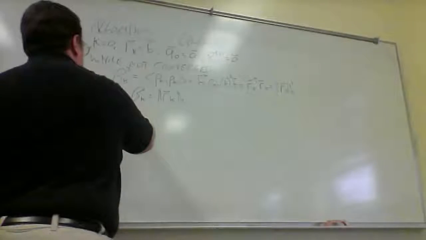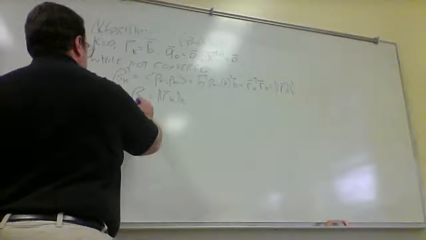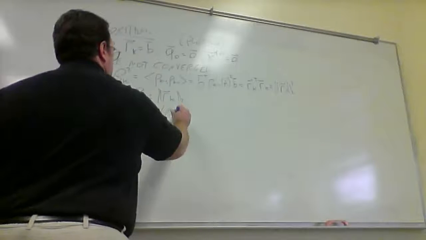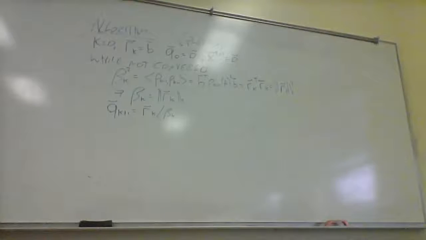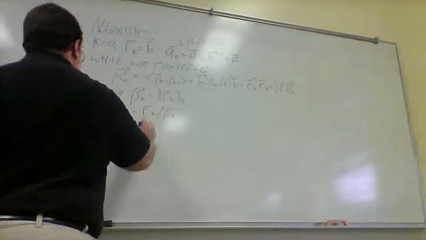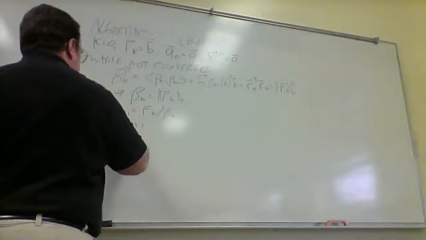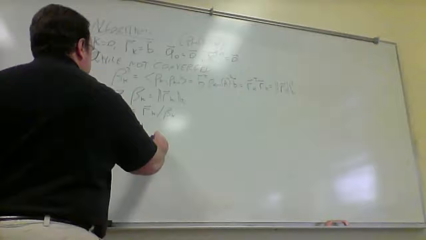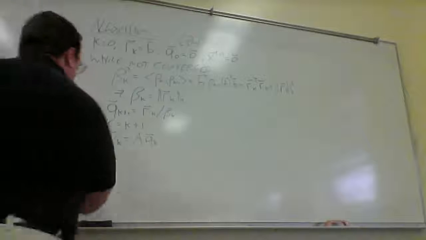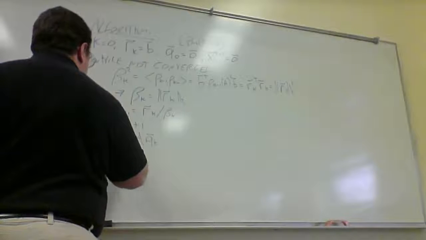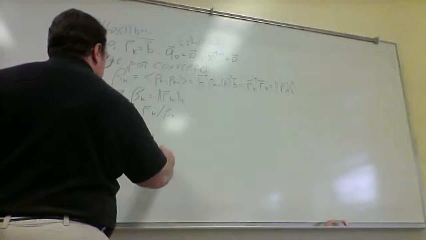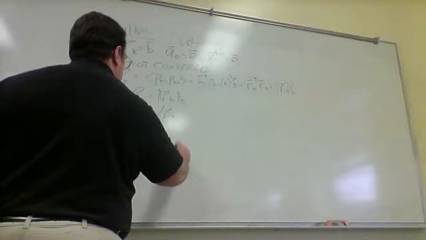Next, I define my normalized residuals. So I just go ahead and normalize. And then I'm going to bump up my iteration count. And then I'm going to, for convenience, apply A to my latest normalized residual. And then alpha k, I have a formula for that too. So the formula I gave was pk minus 1 lambda pk minus 1.